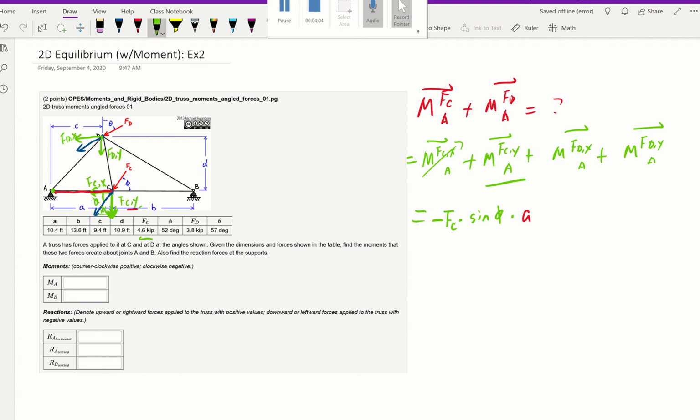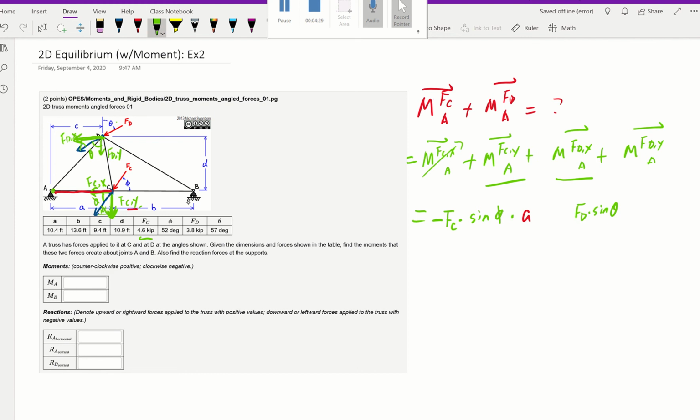Okay, now move on to the next, FDX, right here. We're going to consider the angle again. If this angle is theta, this angle is also theta. And then FDX will be opposite of that angle, so that would be sine. So it will be FD times sine theta.